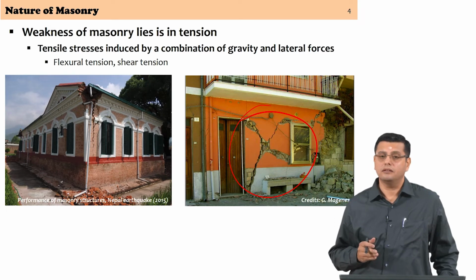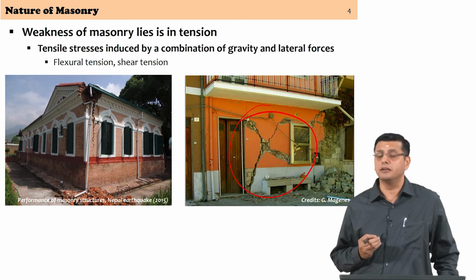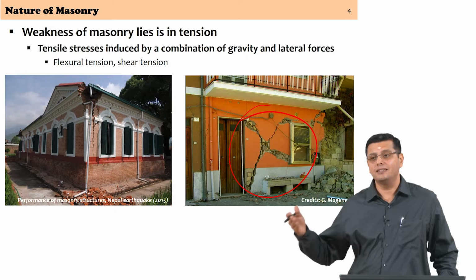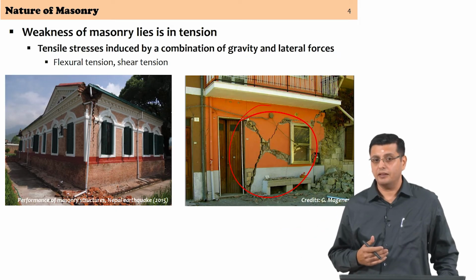This demonstrates that masonry behaves as a very brittle structural material, and under the combination of gravity and lateral forces you do not have the necessary ductility, particularly under actions like earthquakes.